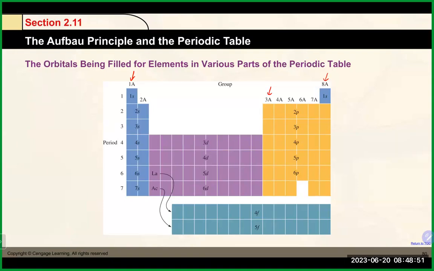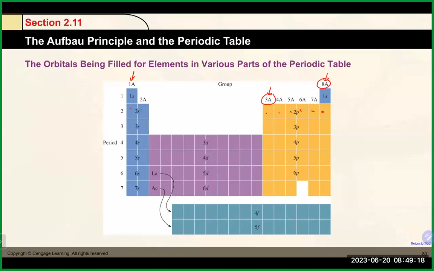For example, the first 2 groups on the periodic table, 1 and 2, are the S block. Over here, from group 3 to group 8, is what is referred to as the P block. That's because their P subshell has 6, right? So 1, 2, 3, 4, 5, and 6.